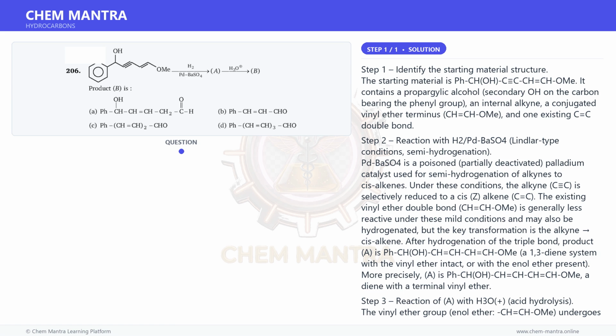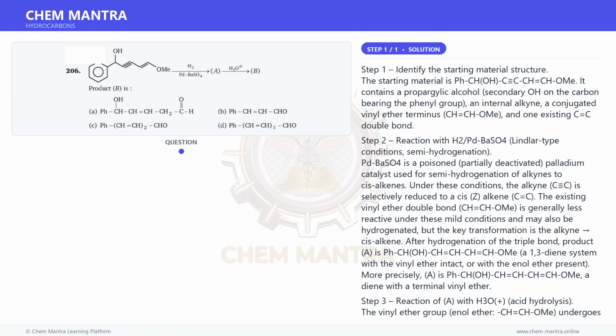Carbon count in starting material: Ph, C1H(OH), C2, C3, C4H=C5H-OMe, 5 carbons in the chain. After semihydrogenation: Ph, C1H(OH), C2H=C3H, C4H=C5H-OMe, A.